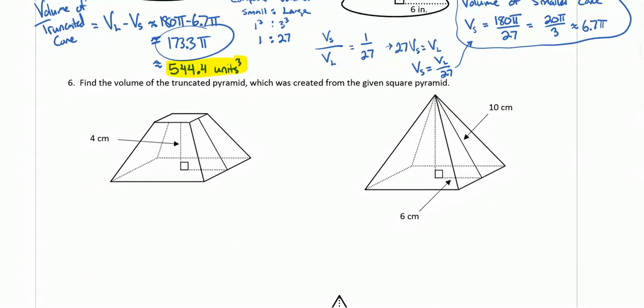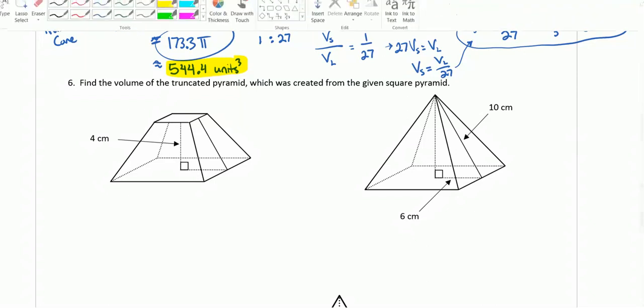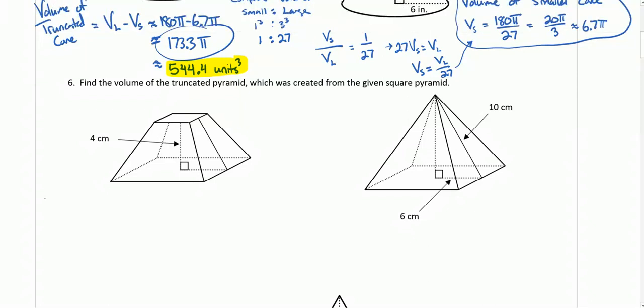Number 6, we have a truncated pyramid this time, and so we're going to work through this the same way. We know that the volume of the truncated pyramid is the volume of the large pyramid minus the volume of a smaller pyramid, which we get when we truncate it.